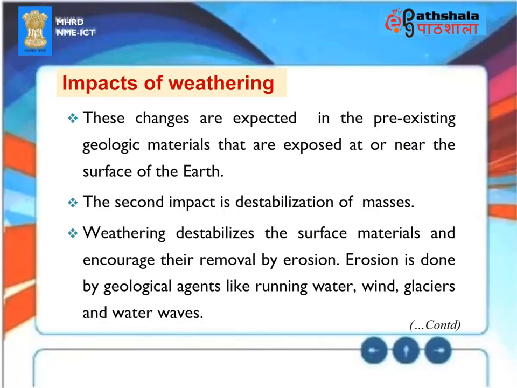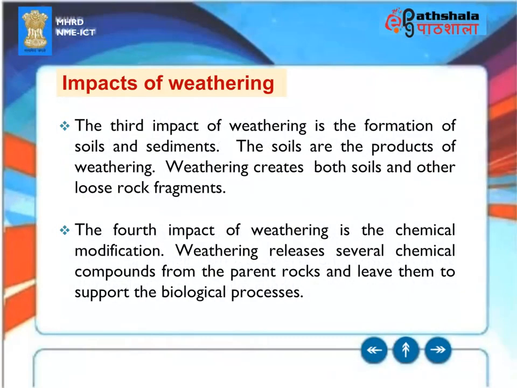The second impact is destabilization of masses. Weathering destabilizes the surface materials and encourages their removal by erosion. Erosion is done by geological agents like running water, wind, glaciers, and water waves. The third impact of weathering is the formation of soils and sediments.